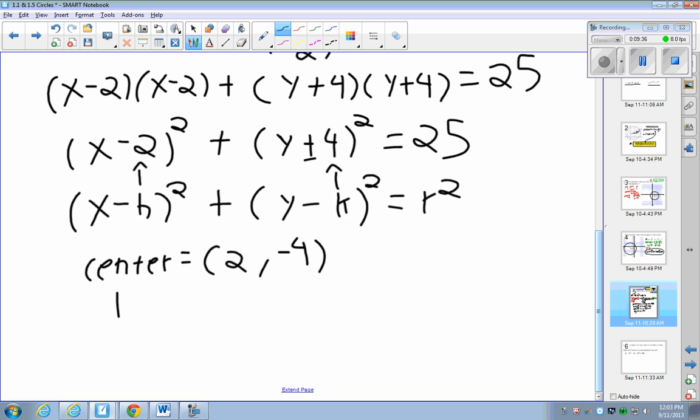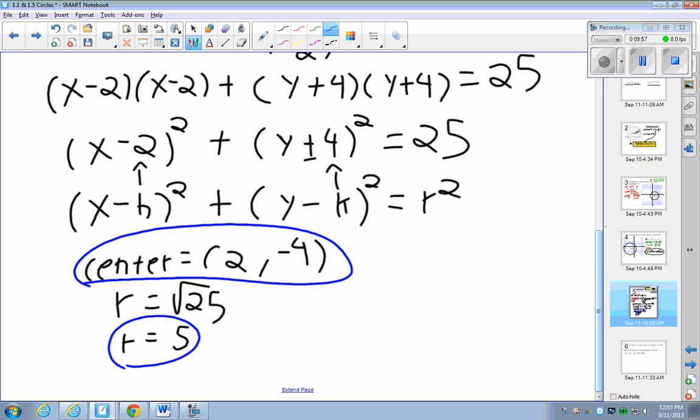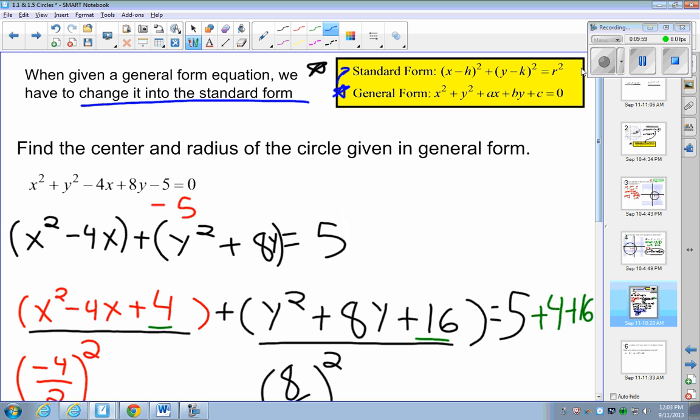And our radius r is going to be equal to the square root of 25. So r is equal to 5. And so here's our radius, and here's our center, and we have answered our original question.